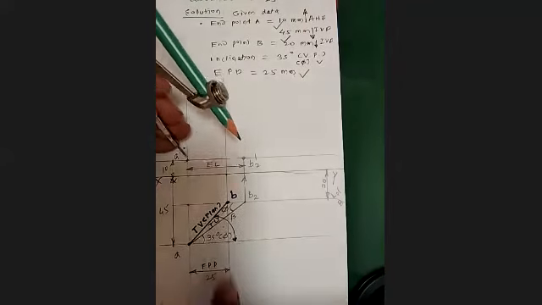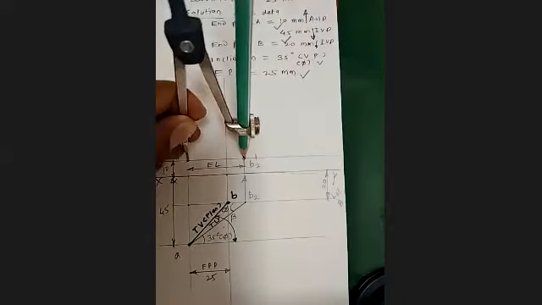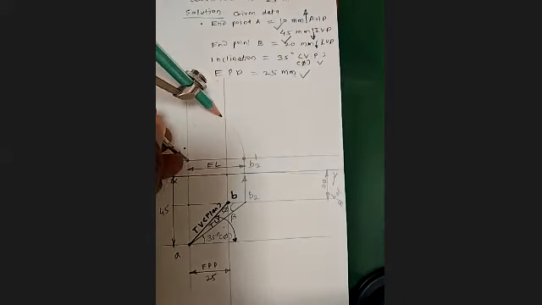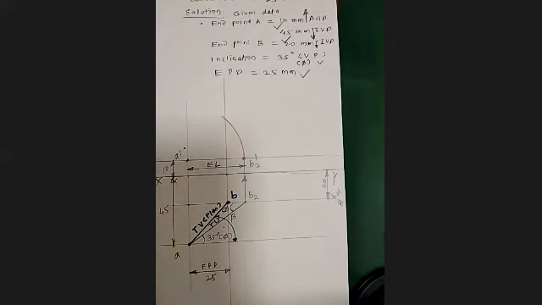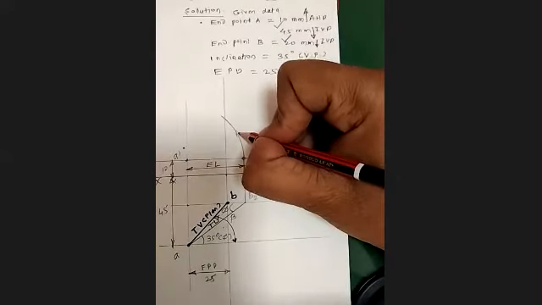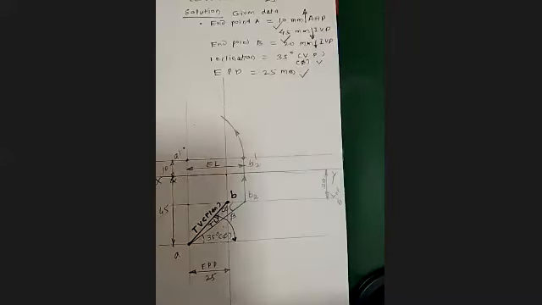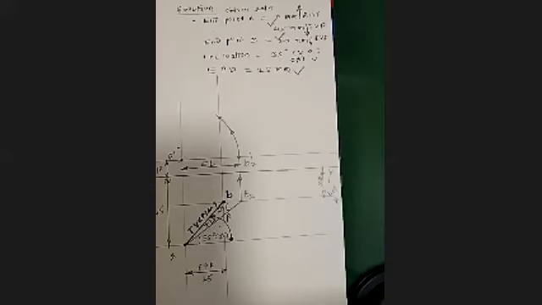End projector line for B is here. So take this distance and cut this projector. Where it cuts, it will give the point. Which point are you going to get here? B dash. This will be the B dash, right?